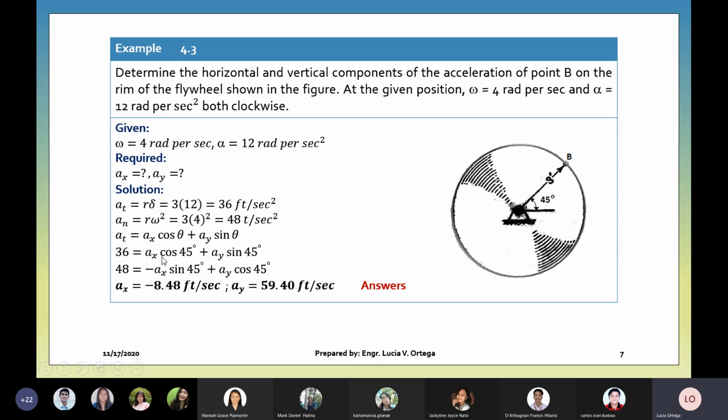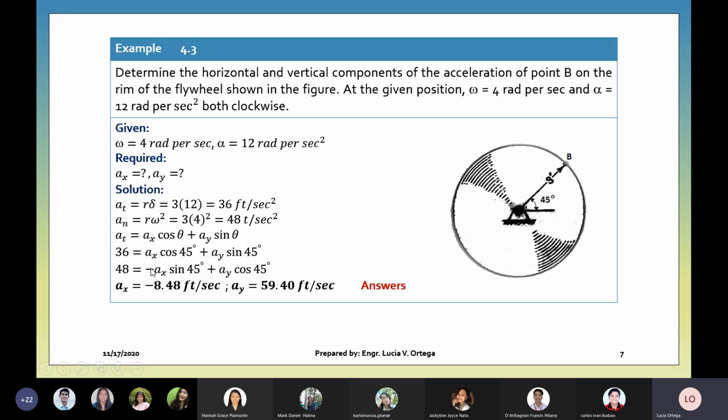There should be 2 equations. Did I forget the other equation? 36 equals, this is the other one. Okay, 36 is tangential acceleration, AX cosine 45 degrees plus AY sine 45 degrees. And AN is, this is the equation, negative AX sine 45 plus AY cosine 45.